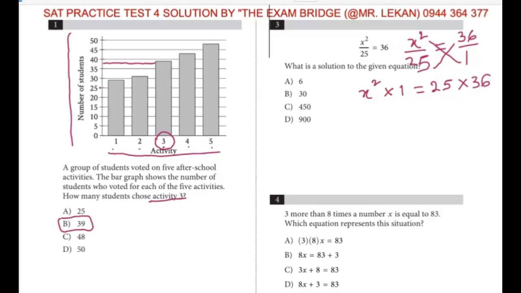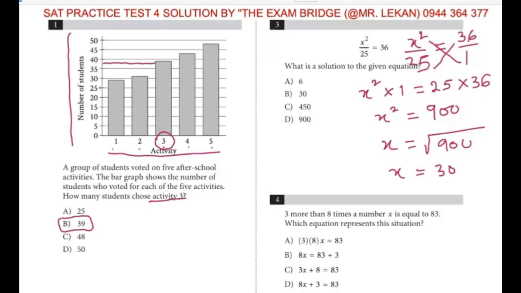So in this case, x squared times 1 will give you x squared is equal to 900. So your x will now be equal to the square root of 900. If you find the square root of 900, it will give you 30.